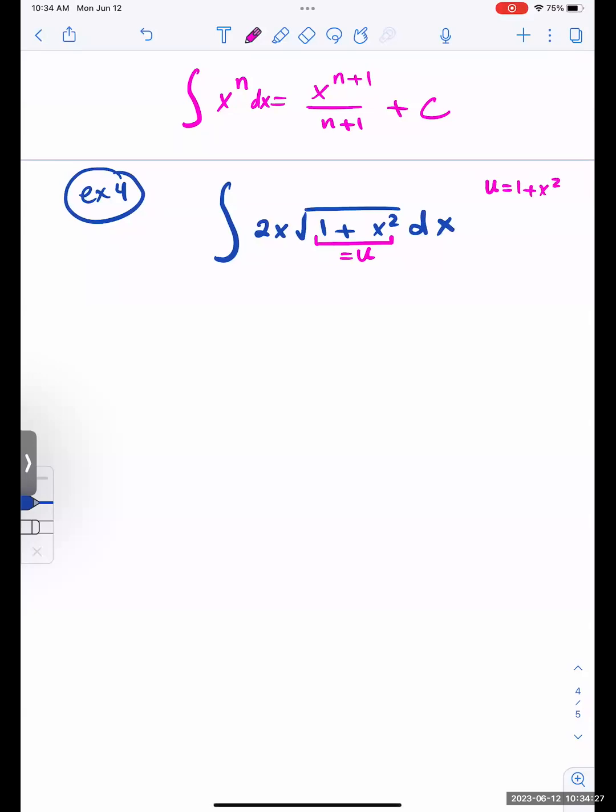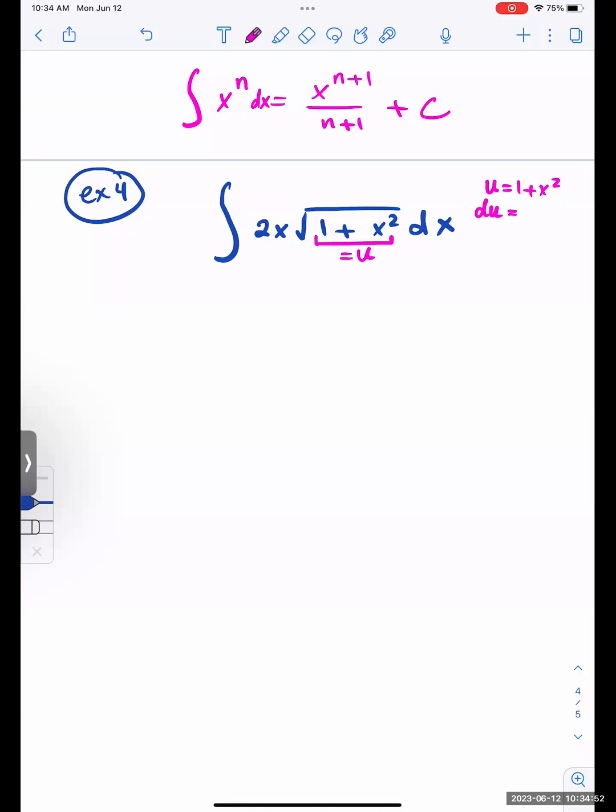Why did I let that to be u? Because I knew that derivative of this one is 2x. So basically, now think about what is du. And that's the u substitution method. So I want you all to write what is derivative of u.